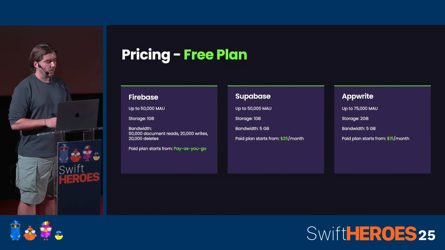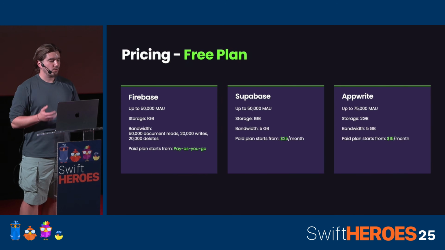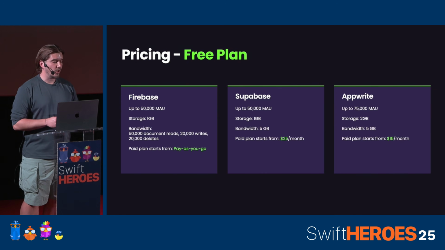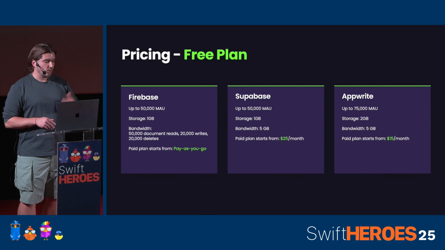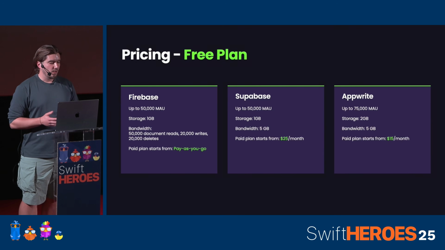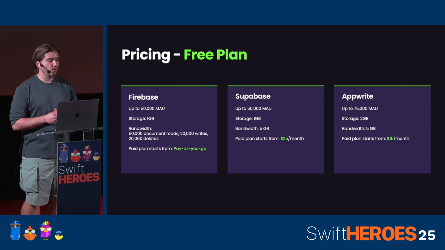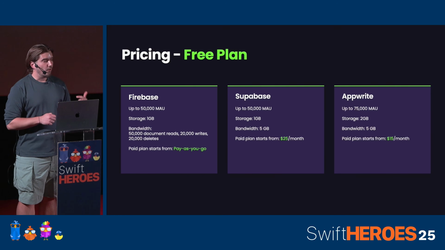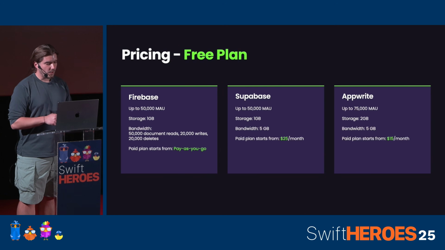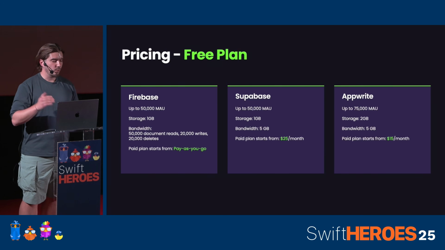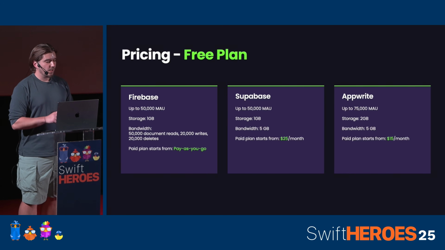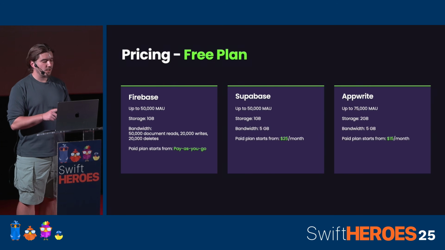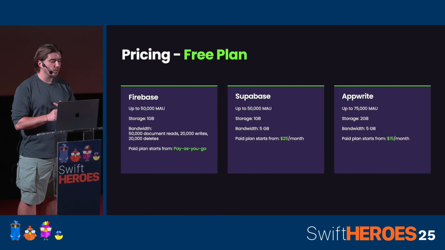And to give you some comparison of pricing, Supabase and Appwrite had, let's say, similar, and Firebase as well, similar numbers of monthly active users. But when we go further, when we start to pay, Supabase has 10K users, and Appwrite has 200K users.